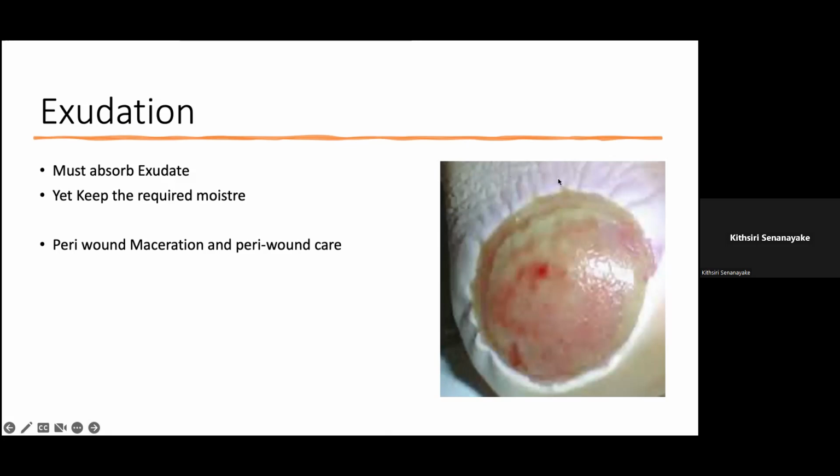So if the wound edge is macerated, then the wound is not going to heal. So it is very important to do peri-wound care as well. If you see a very exudating wound, you need to remove the exudate, right?